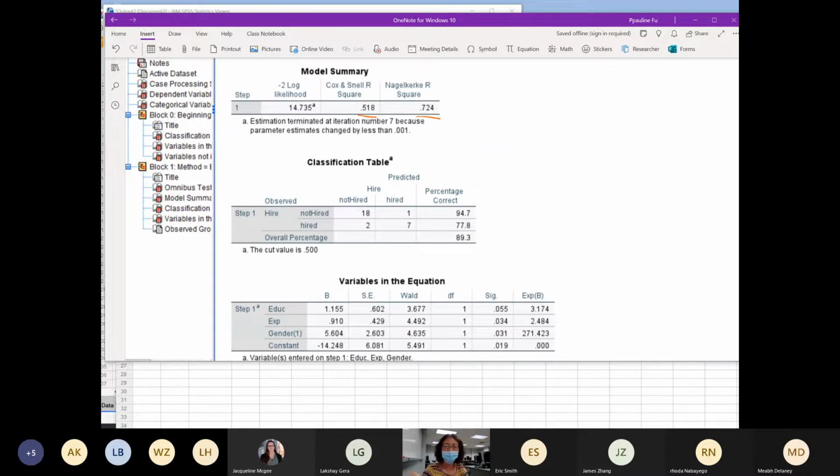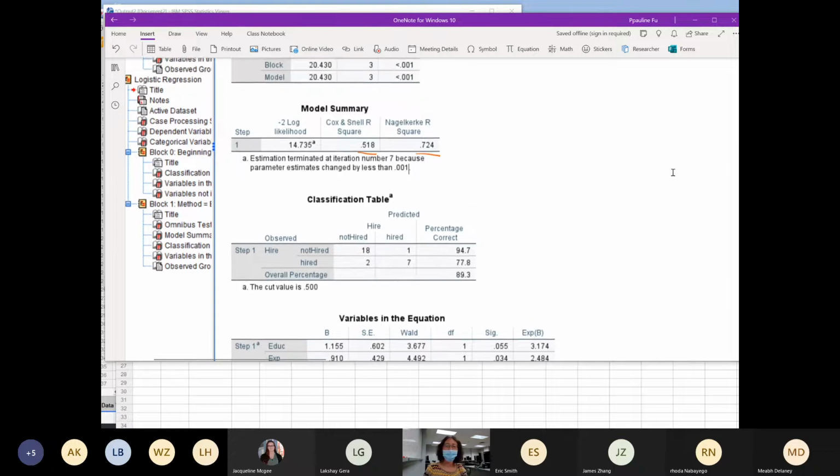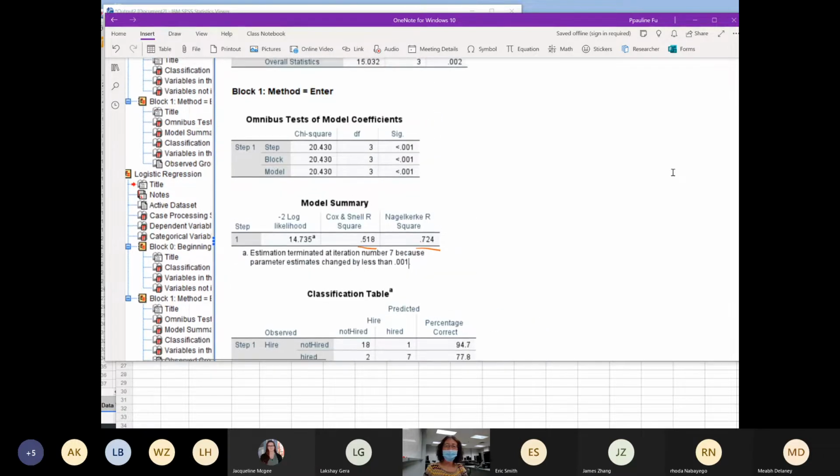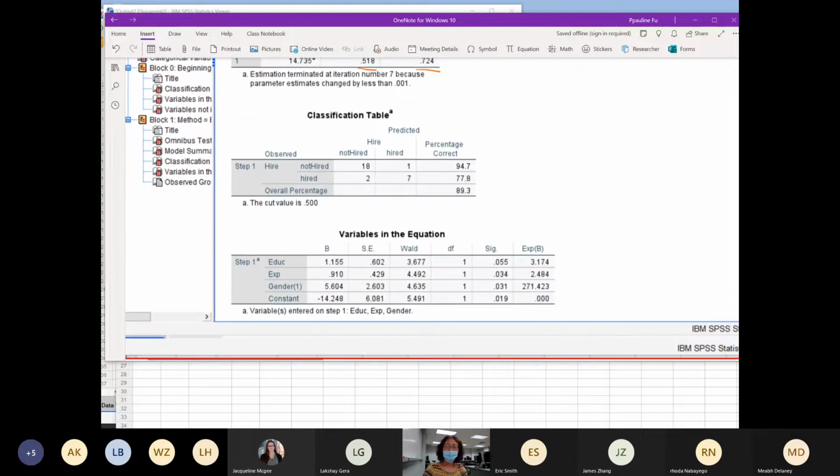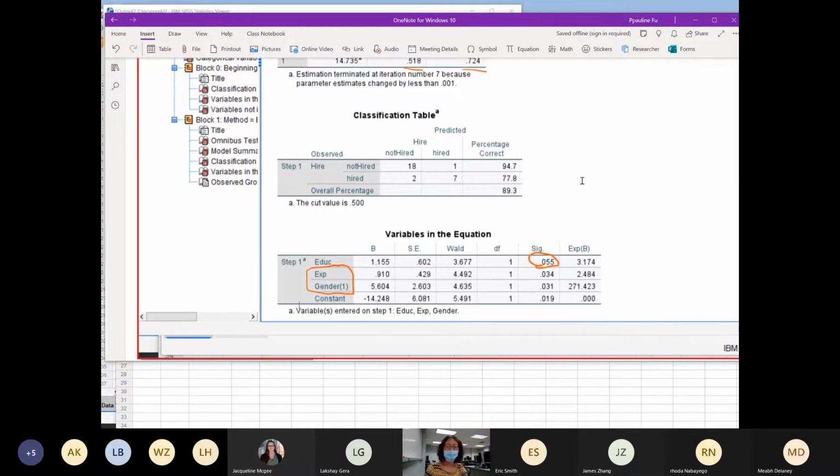It explains 52% to 72%, the R square. Also, the omnibus test says the model is significant. But over the coefficients here, this is not significant. So next time I want to delete education, just leave experience and gender, and rerun this logistic regression.